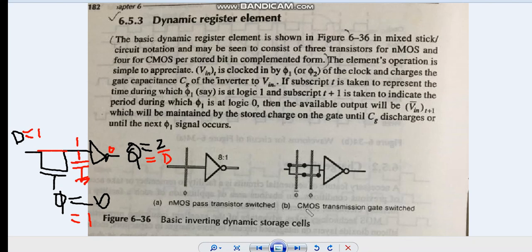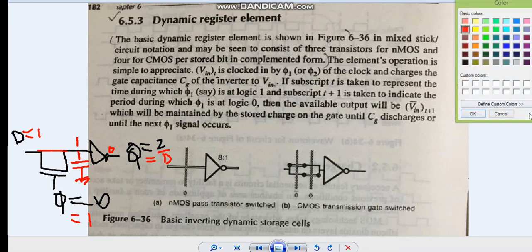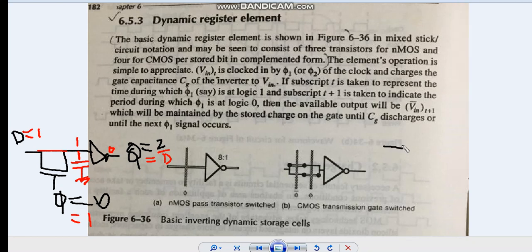So when we go for a CMOS transistor, what we have is a transmission gate. I will show the circuit here once again, the representation with respect to NMOS here. This is PMOS, right? This is the PMOS and this is NMOS here. The output of this we are giving to the inverter, and this is the input here.